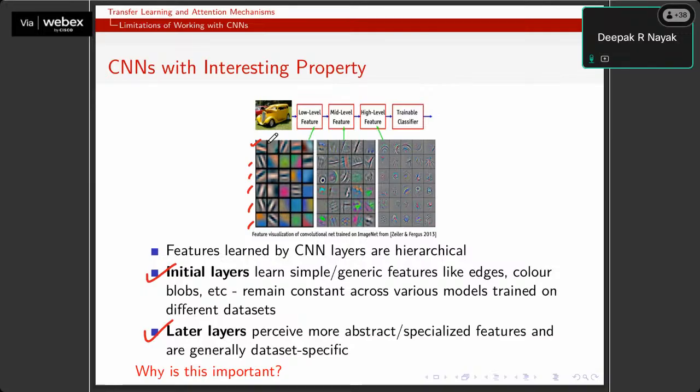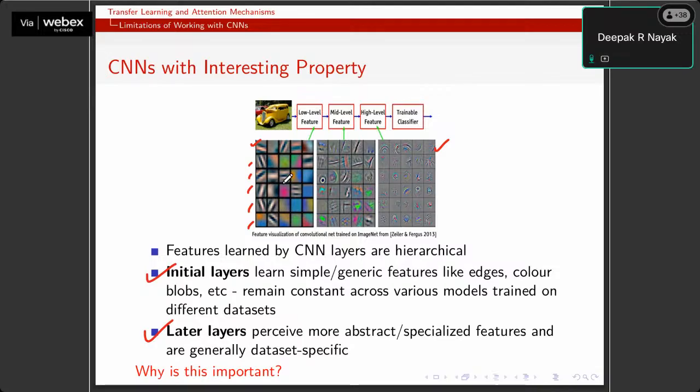This kind of feature is going to be the same across different types of images. But the kind of features you extract in the later layers are very, very specialized. The features we get at the end are very specific to the input domain, so it is data dependent. The first ones are very generic, whatever the data may be.